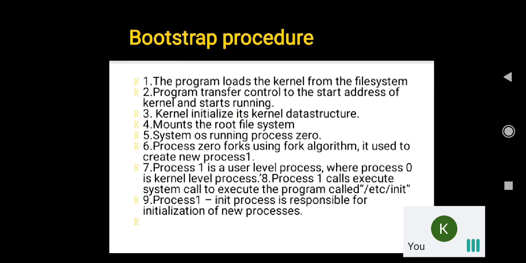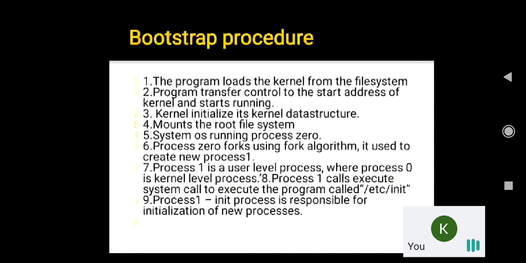And the third thing we're going to do: the kernel is going to initialize its kernel data structures. The kernel data structure is going to be a very important topic in unit 1. Unit 1 gets vast because of these data structures.